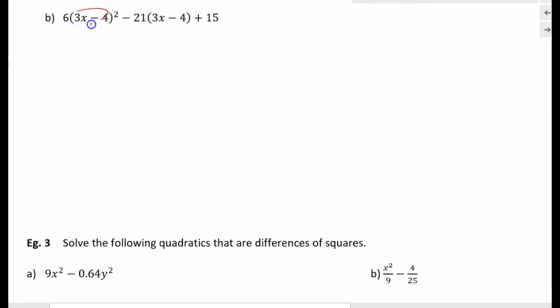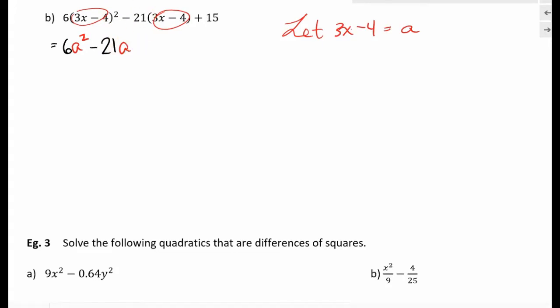Again, I'm going to substitute in another letter because it just makes my life a little easier. So it's going to be 3x minus 4, going to be represented by a in this case. So I'm going to have 6a squared minus 21a plus 15.